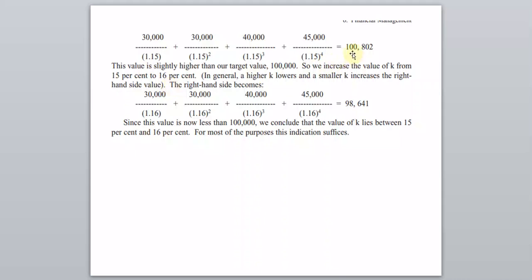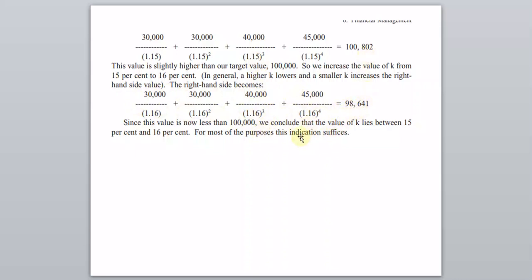So if you want to lower the value on the right hand side, currently 1,08,000, and keep it less than 1 lakh, we have to make K higher. So we have to change K from 0.15 to 0.16. After changing it, the value of the right hand side will be less than 1 lakh.